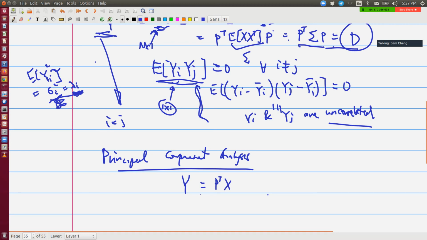You do an essential rotation of your random variables into a space where all the random variables are now uncorrelated to one another. Then you can sort the variance of this y_i, and the ones with the biggest variance will be the principal components. Then you may keep the highest several of them and discard the rest. That's basically PCA.